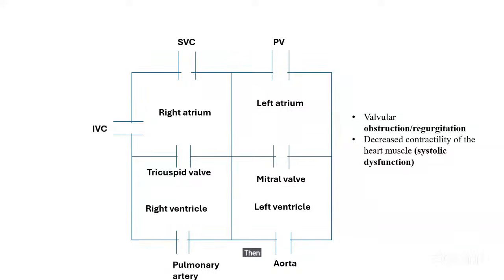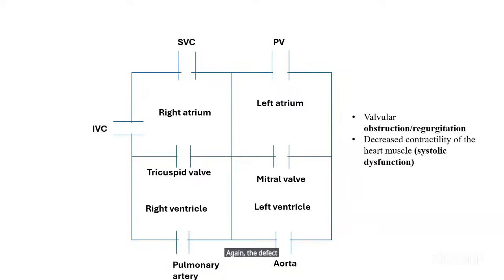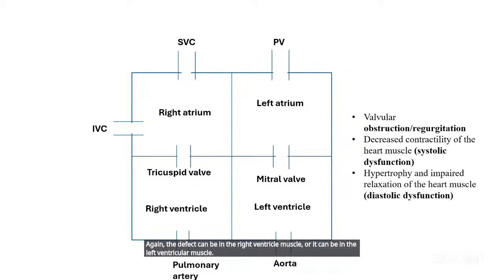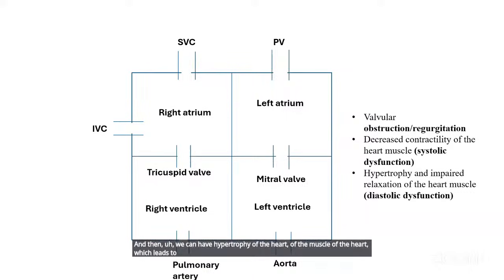Then we have decreased heart muscle contractility, which is called systolic dysfunction of the heart. Again, the defect can be in the right ventricle muscle or in the left ventricular muscle. And then we can have hypertrophy of the muscle of the heart, which leads to a difficulty in relaxation, which is called diastolic dysfunction.